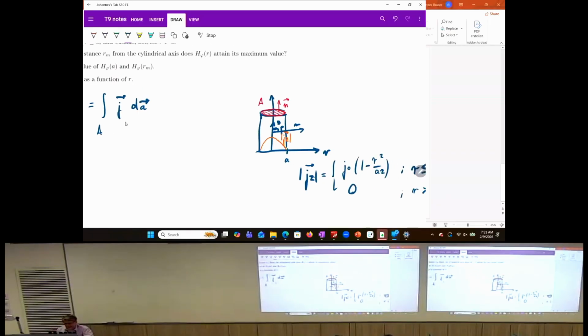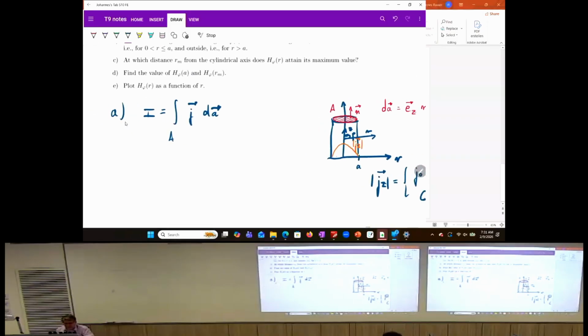Now, because we are working with cylindrical coordinates, you have to remember that you have the top surface of a cylinder. The differential surface element is given then by this normal vector oriented in z direction, and it is r times d phi dr. So let's use that.